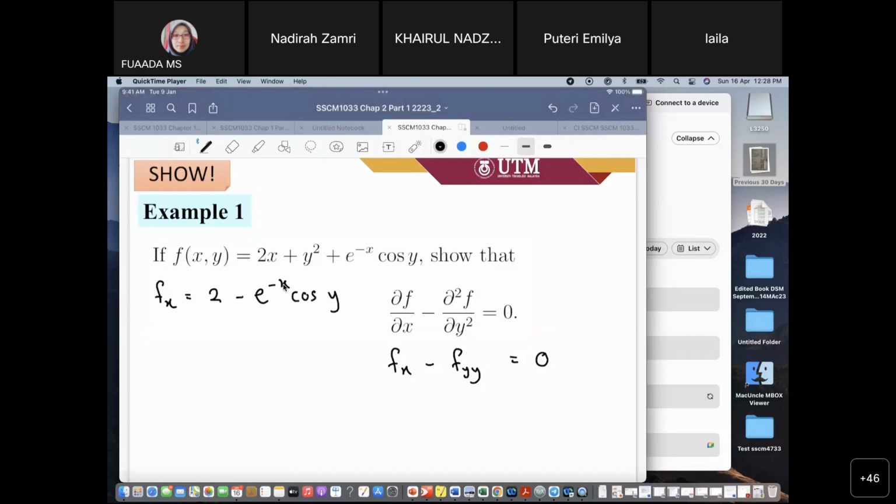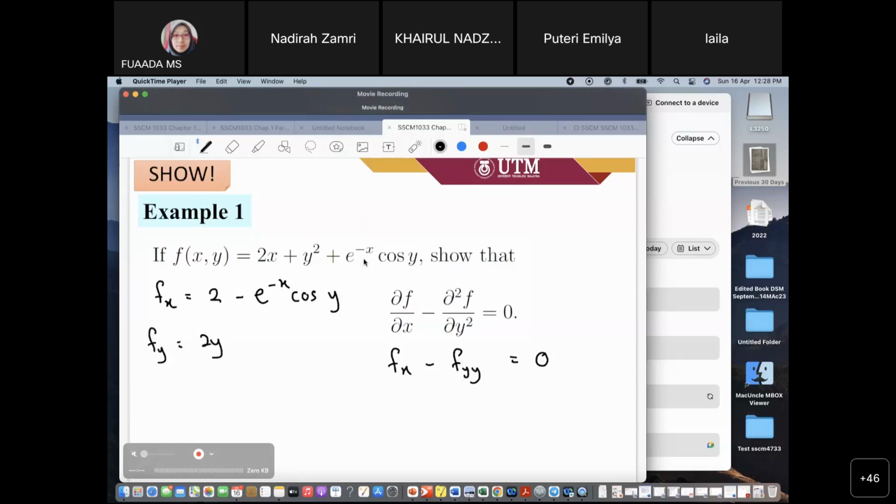Okay. And then what is the thing that we are looking for? So the second part here, fyy. So you have to find the fyy, but first you have to find the fy. Fy. Now differentiate respect to y. So the first term 0, the second term becomes 2y.